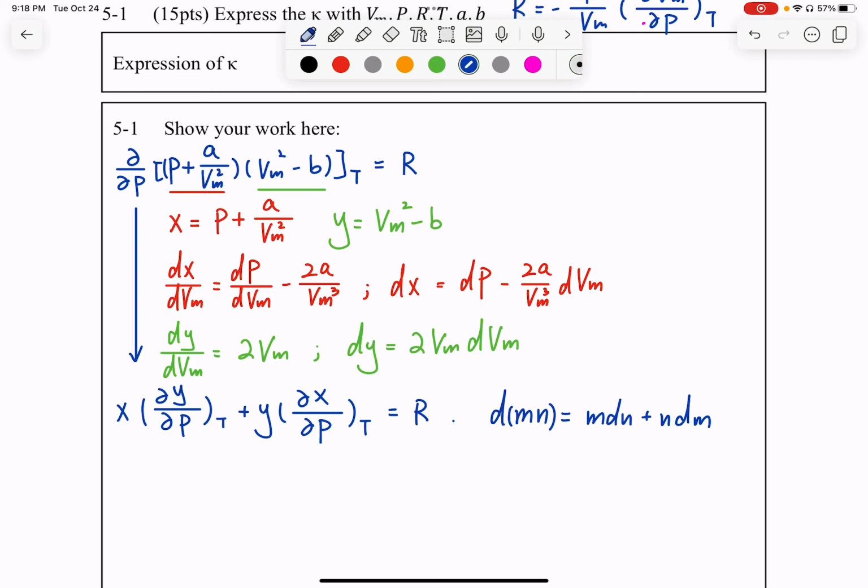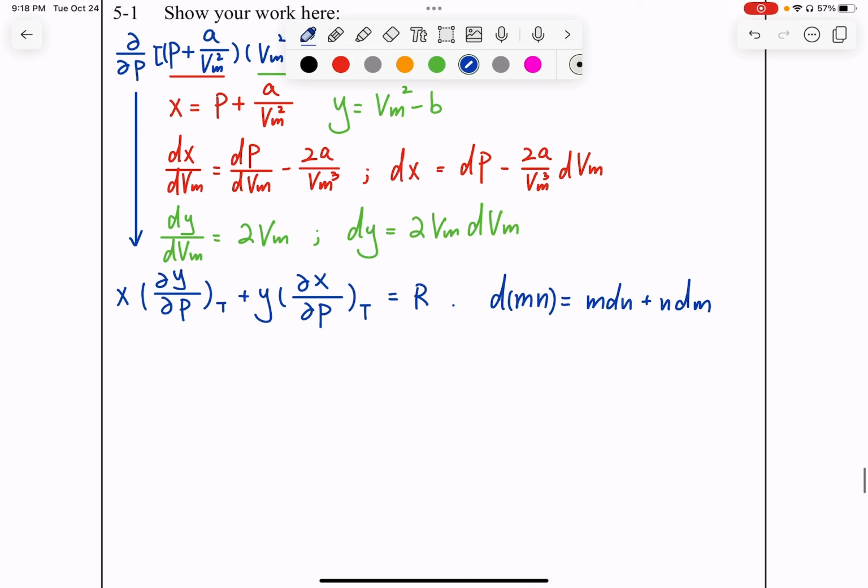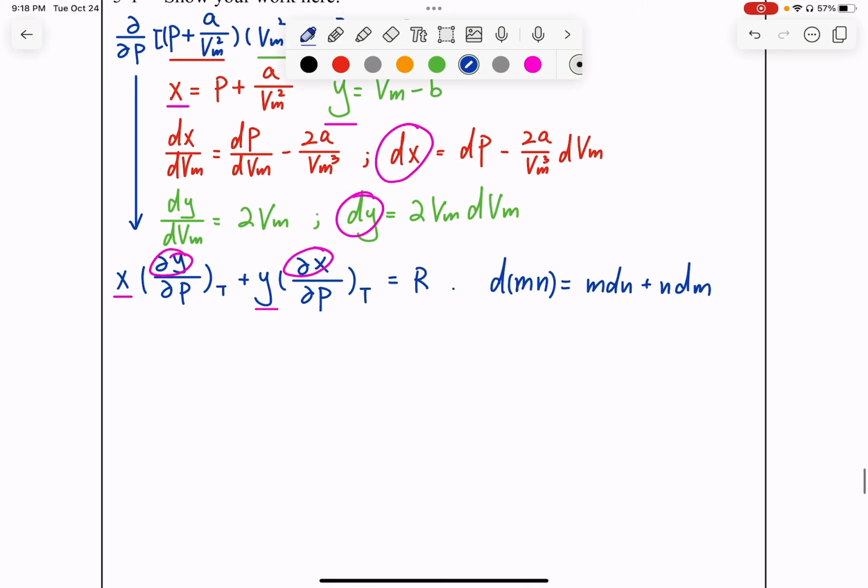Then what we're doing here is basically plugging in. You have x here, you have this dy, you have y, and you have a dx expression here. So what we're doing is just plugging in.